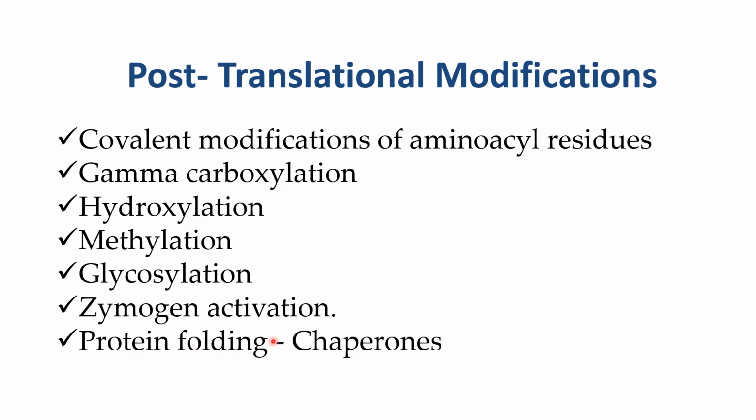Certain folding mechanisms will be assisted by some molecules called chaperones. Those are the modifications taking place at the post-translational level. If some error happens in protein folding, that will also lead to certain disorders called protein folding disorders. So these are the post-translational modifications.